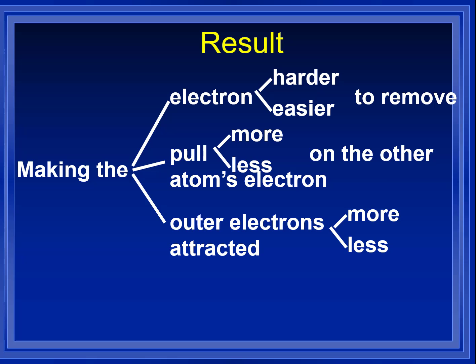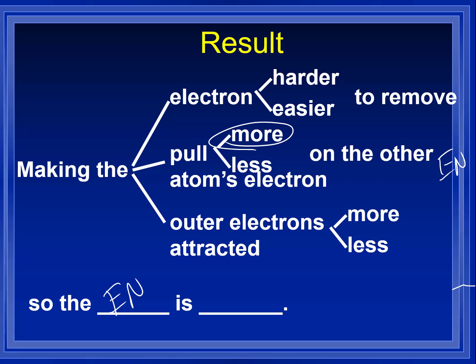And which one of these is about electronegativity? Electronegativity is pull on the other atom's electron. So if I've got extra nuclear charge, it's going to pull more. More opposites attract more on the other atom's electron. So the electronegativity is higher, with one minor exception for electronegativity. Noble gases don't have an electronegativity. Look at that.